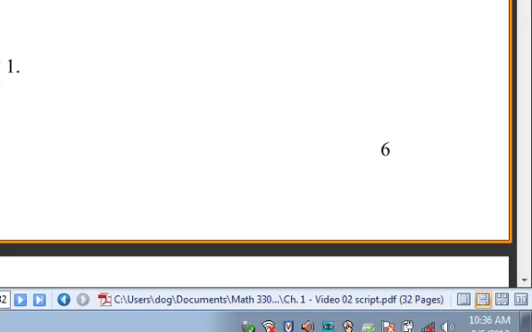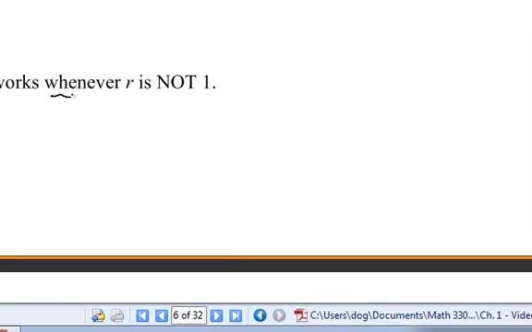S sub n equals A times R to the n minus 1, divided by R minus 1. This is a formula for adding them up that works whenever, now be careful, whenever R is not 1. You can't use it on those sequences where we started out with 1 like we did at the beginning here. You have to work it only with things that don't start with 1.